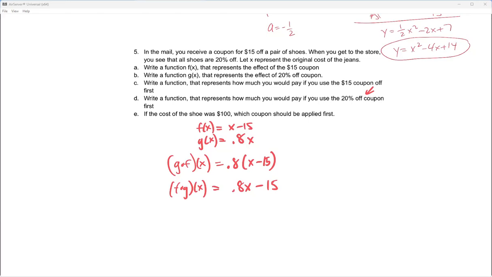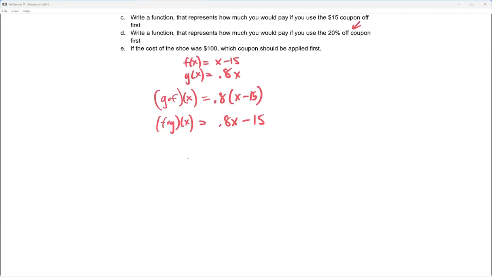So now if I plug this in, y is equal to 0.8 times x minus 15, and y is equal to 0.8x minus 15. What I'm going to do is plug in 100 for each. So if you plugged in 100 for the x, what do you get for the top one and what do you get for the bottom one? 100 minus 15 would be 85. 85 times 0.8 would be 68.